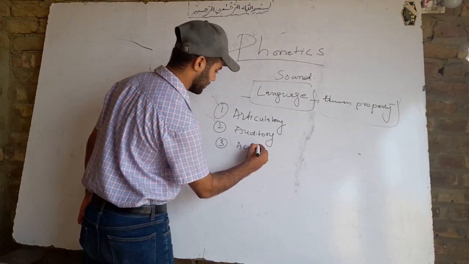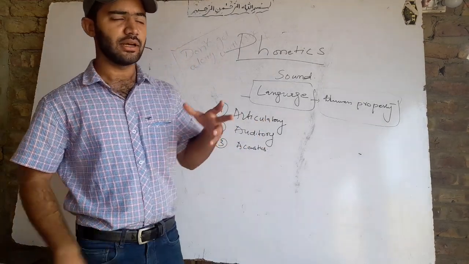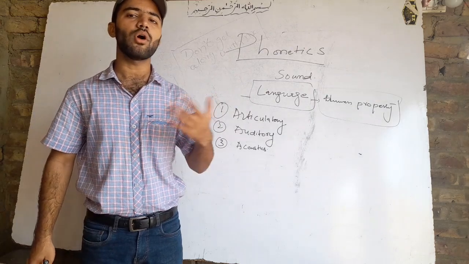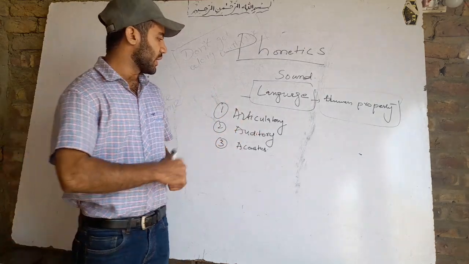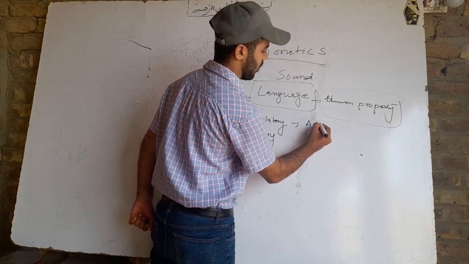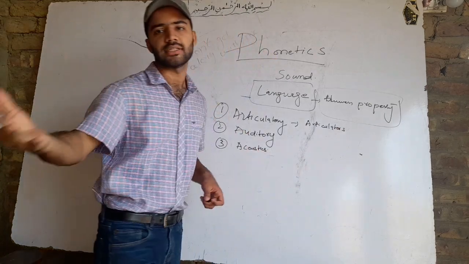Now remember that in phonetics, as we study sound, it means that we want to convey our message through voice or through sound. So in articulatory phonetics, we study the articulators, the organs or muscles that are involved in producing the sound.